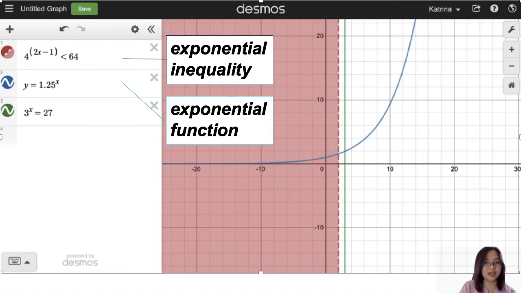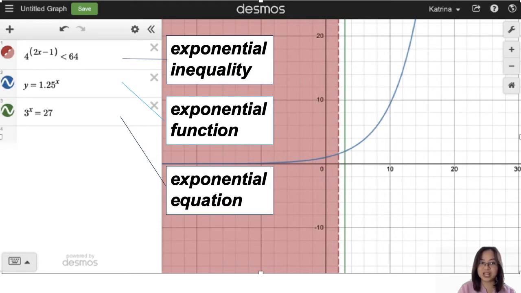There is an equal sign, but it could not be a function because if you observe the graph, it's only a vertical line. Therefore, that is just an exponential equation. What makes them exponential? Look at the exponent, the presence of the independent variable x. Let's have more examples.